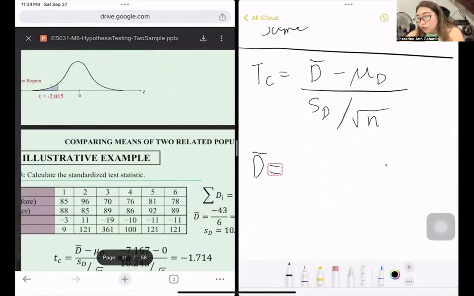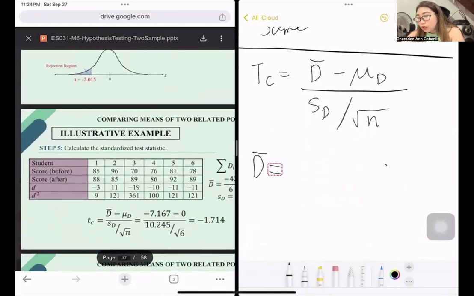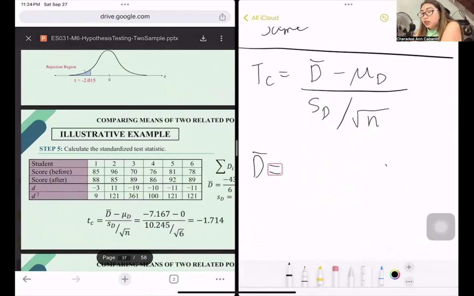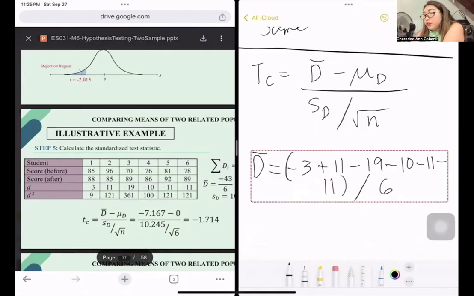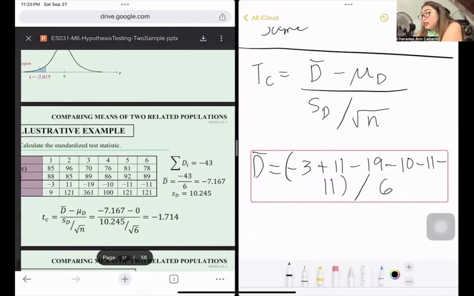Wait, let me check. Yeah, so we use the negative value gihapon. So that's negative 3, plus 11 minus 19 minus 10 minus 11 minus 11, all divided by 6, because that is negative 43 over 6.